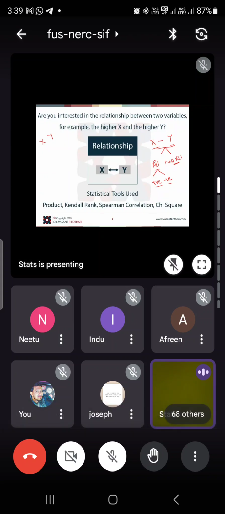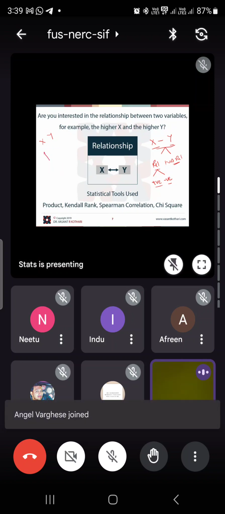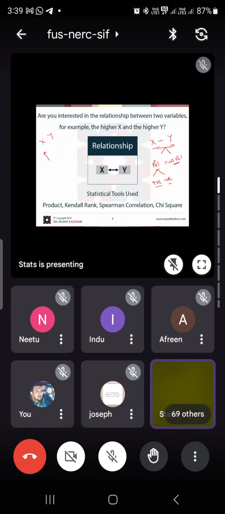There are two variables, X and Y. In a positive relationship, when X goes up, Y will also go up. And when X goes down, Y will also go down. It means both variables move in the same direction. Then we'll say the variables are positively correlated with each other.